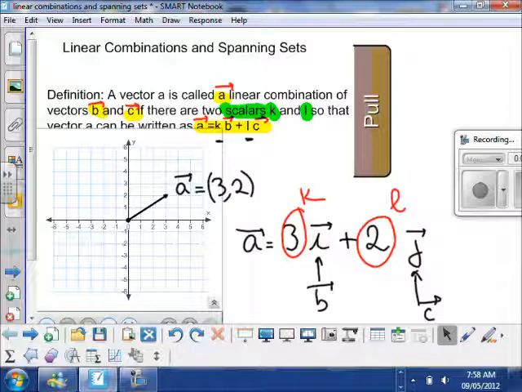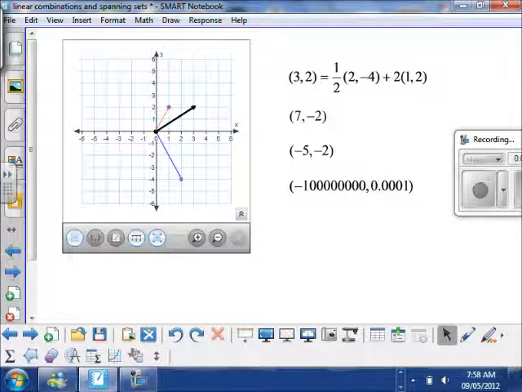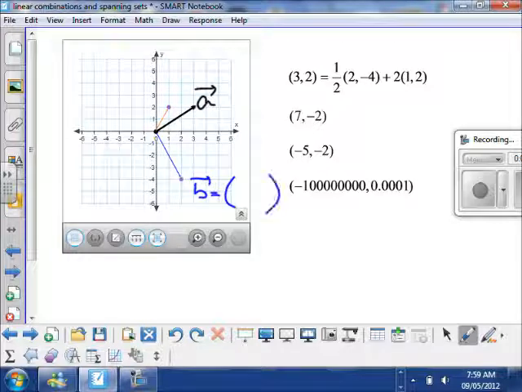Now, the next question is, can I write vector A as a combination of two other vectors that are not unit vectors? I don't know. Let's try to do that. As you can see here, the black vector is again the vector 3, 2, the same vector A. Now, I want to write this vector A as a linear combination of the blue vector, let's call it B, and the red vector.